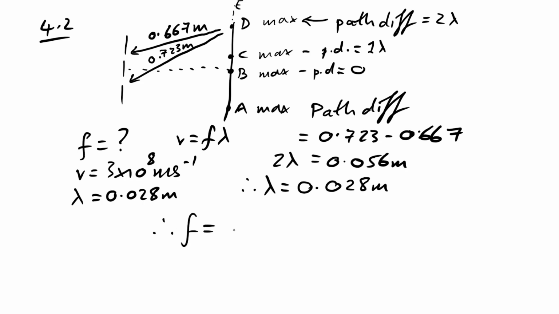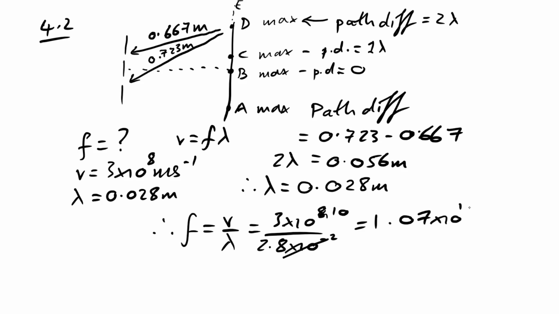Therefore frequency, rearranging our wave equation, is speed divided by wavelength, 3 times 10 to the 8 divided by, let's put it in standard form, 2.8 times 10 to the minus 2, so I can just put those on top there. So it looks like it's going to be of the order times 10 to the 10. That's 1.07 times 10 to the 10 hertz. But our data has been given to 3 sig figs. I think we can leave it as 3 sig figs for this one. But 1.1 times 10 to the 10 is also acceptable.